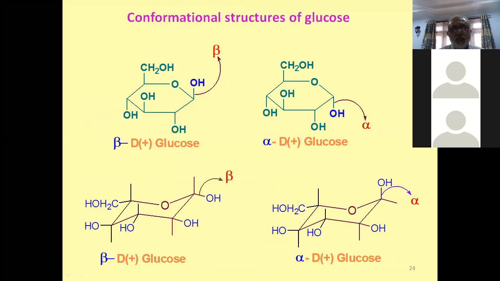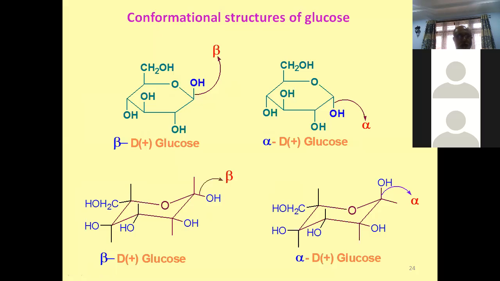So if we come now to the glucose molecule, glucose exists in two anomeric forms. These are called anomers. By now you are sure what an anomer is. This OH group that we find here is different from the other OH groups. The other OH groups simply behave like an alcohol. But this OH group is also an alcohol, and at the same time it is also an aldehyde.